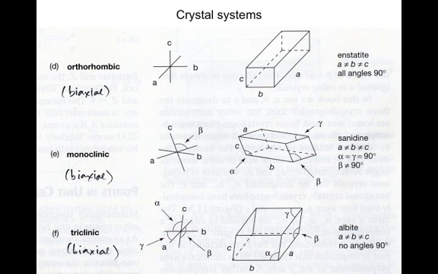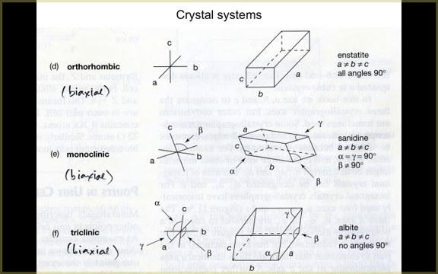Monoclinic minerals, none of the 3 crystallographic axes are the same length, but the angle between the C and the B axis is given the notation alpha, and the angle between the A and the B axis is given the notation gamma.